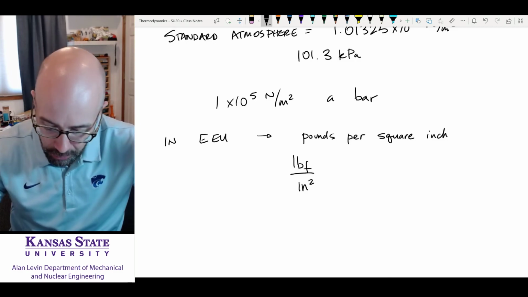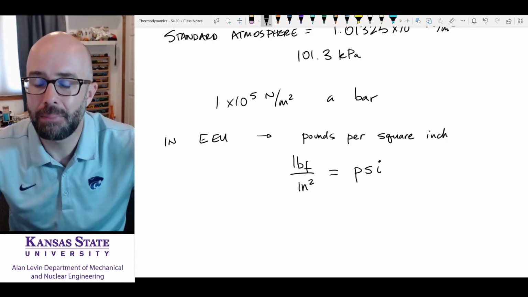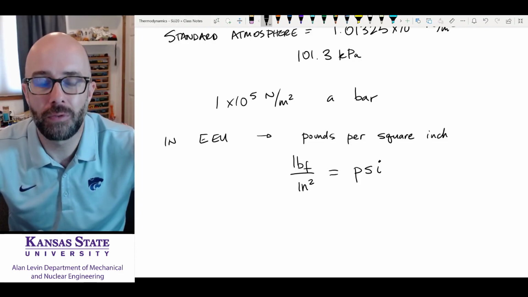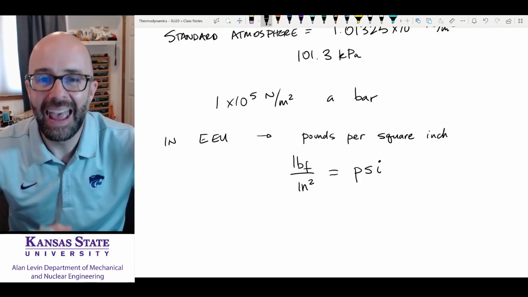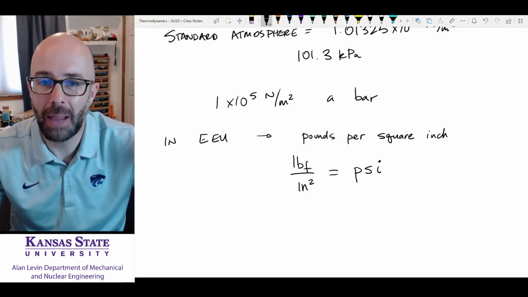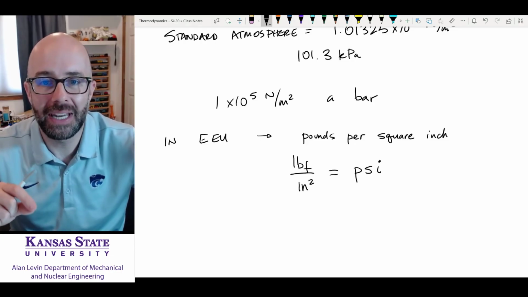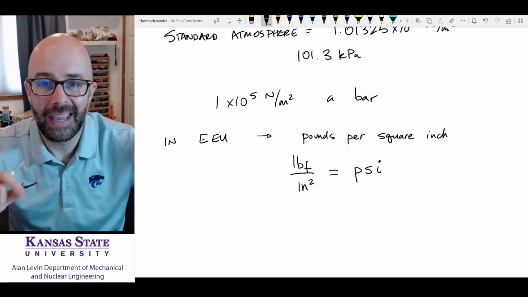Now, we're also going to call this PSI. If you see me saying PSI, I'm saying pounds force per inch squared. And this is a very important point that you are going to need. If you have a calculation which has pounds force and also has pounds mass in it, you're going to need to do a conversion between pounds force and pounds mass in your calculation.